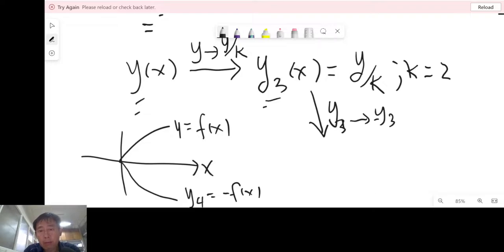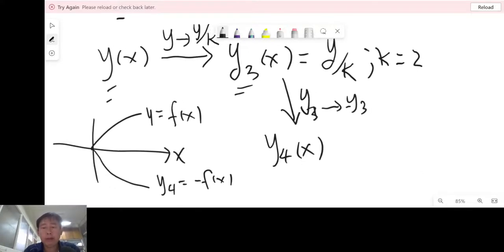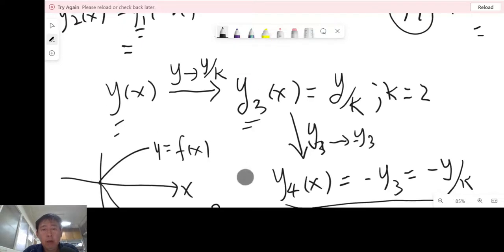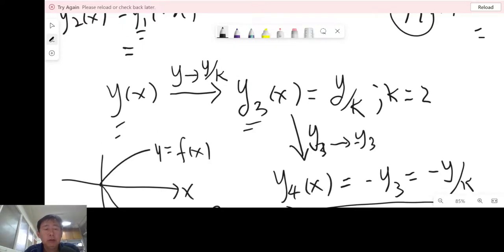So under the operation, y3 is brought to y4, which is the reflected version of y3, where y4 is just equal to minus y3. And what is minus y3? Minus y3 is just equal to minus y over k. Right? So that is the expression for the reflected version of y3, where y3 is the vertically compressed version of y.